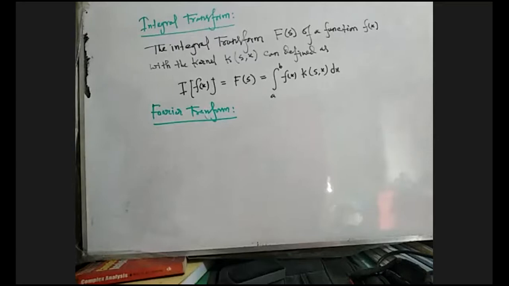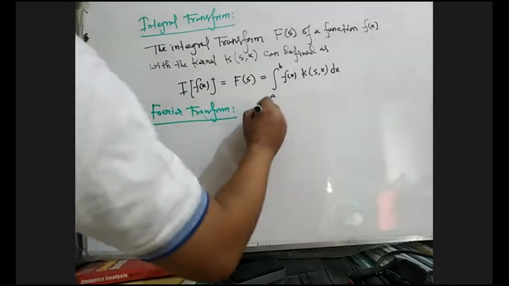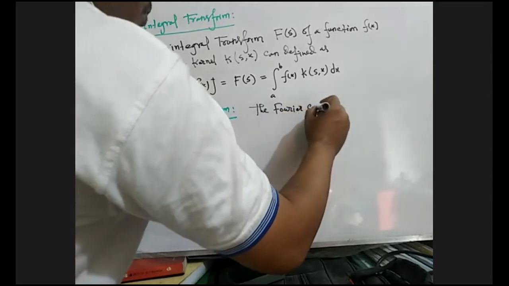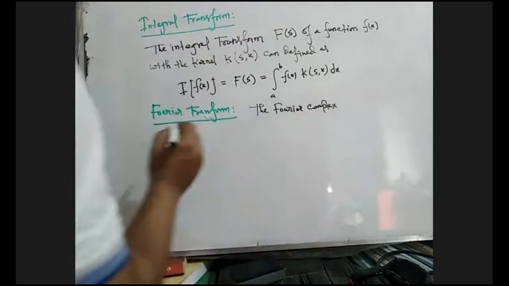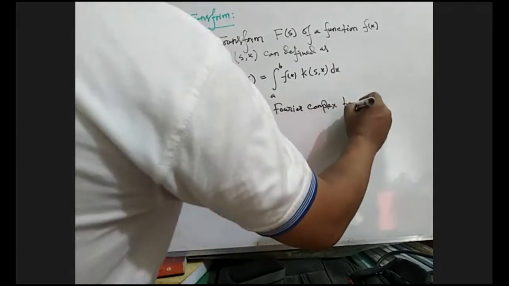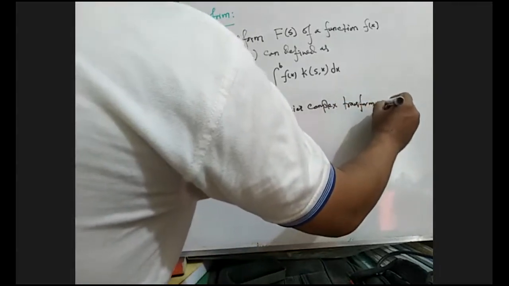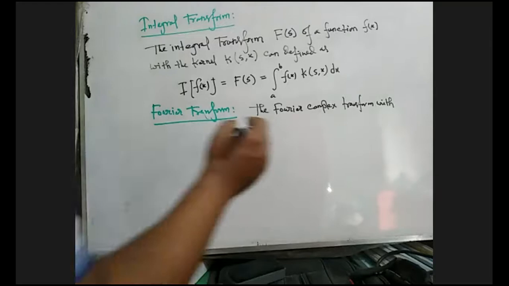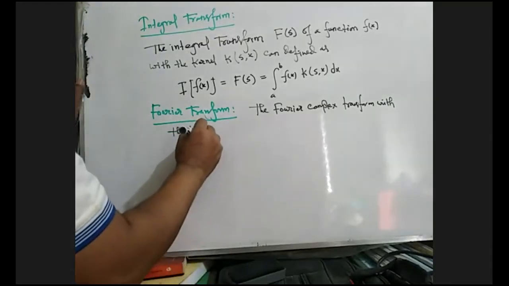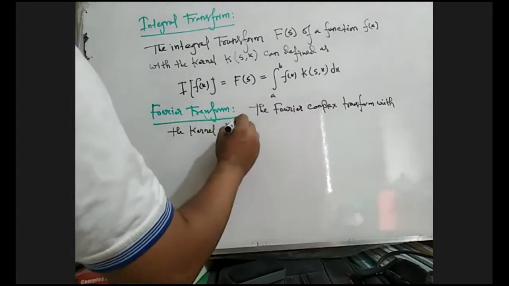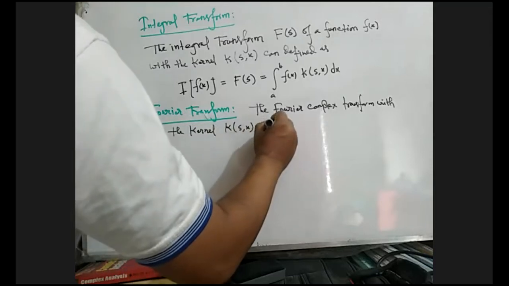The complex Fourier transform has the kernel K of s, x equal to e to the power isx.